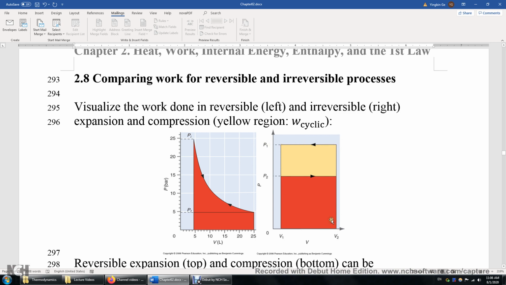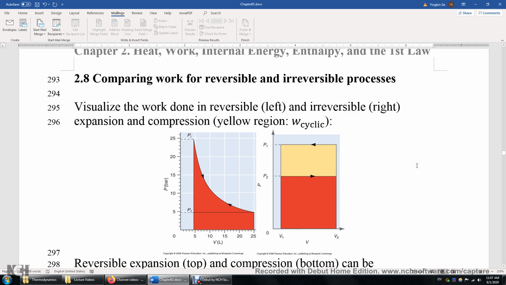Therefore, when we compress this system from V2 back to V1, you need to do this much work, P1 times delta V. So now think about it. The expansion work is P2 times delta V. The compression work is P1 times delta V.